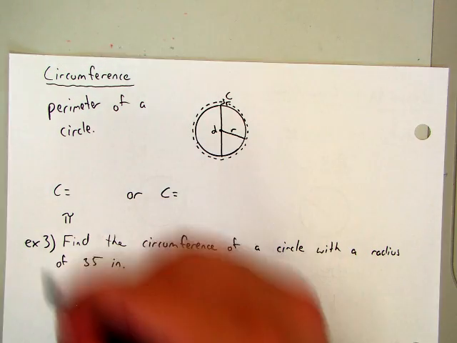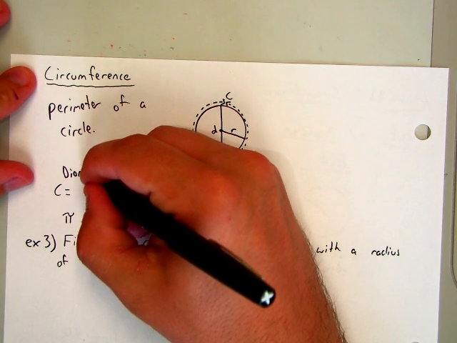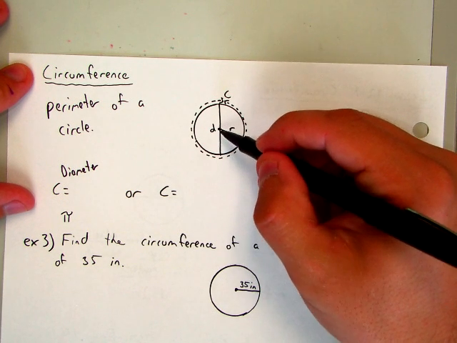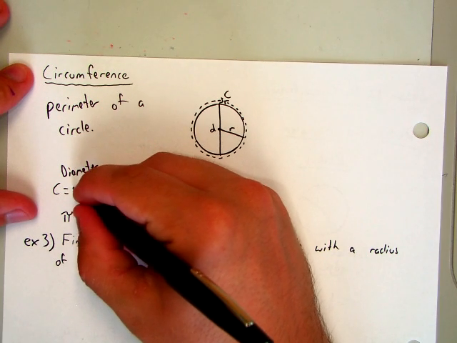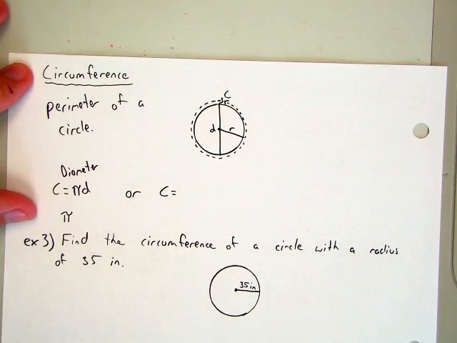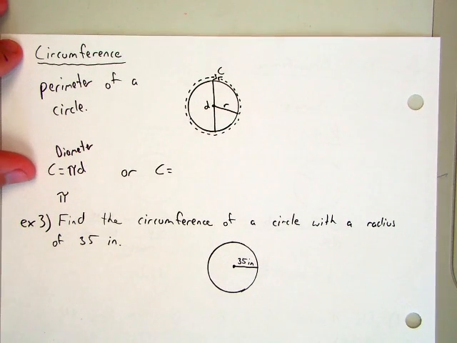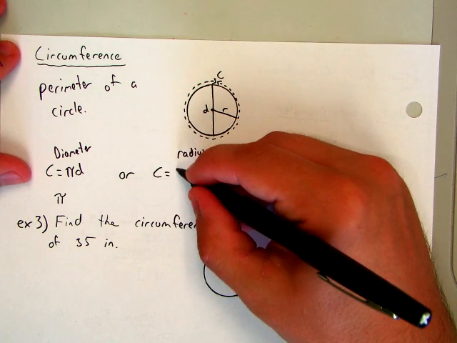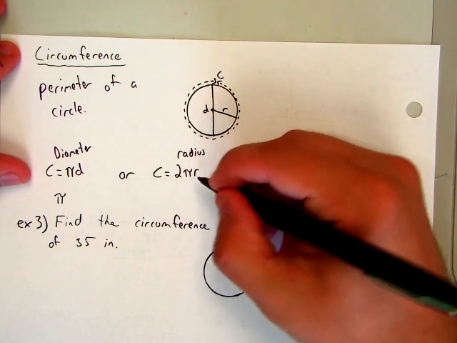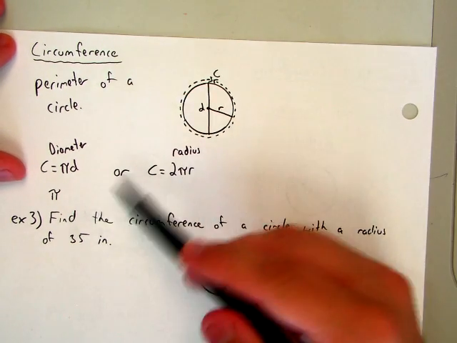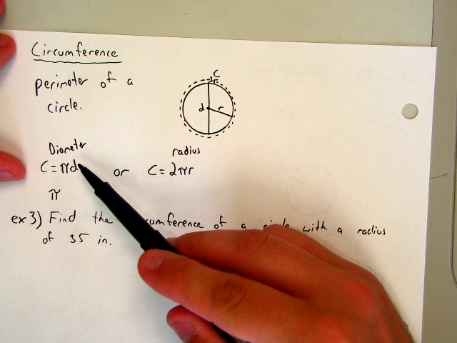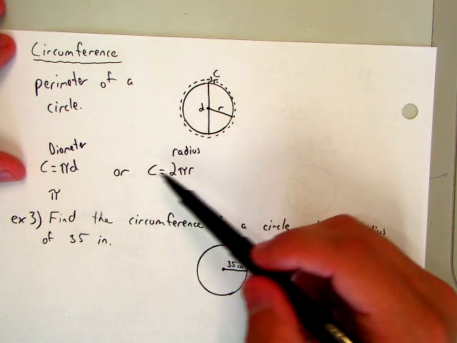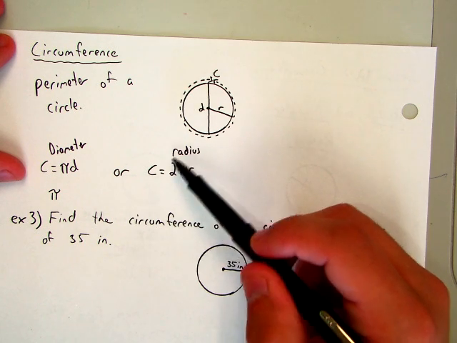If we know the diameter, that's the dimension that goes from edge to edge through the center, we can simply take pi times the diameter. If we know the radius, we can go 2 pi times the radius. Notice the only difference between these two is here's diameter, here's the radius. Diameter is twice the radius, so that's why we need 2r over here.